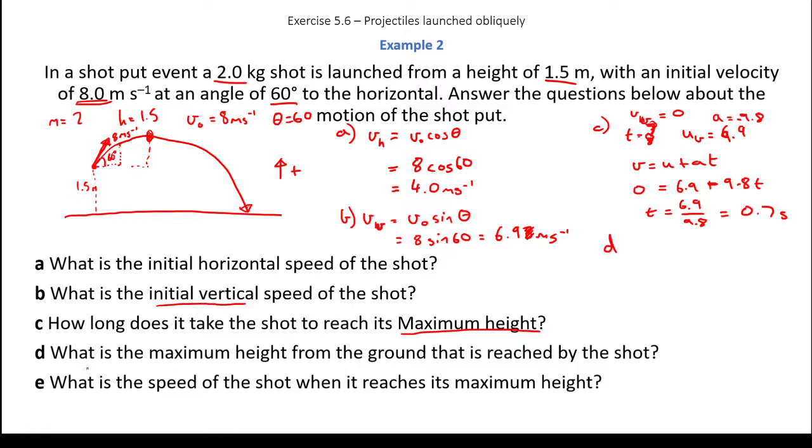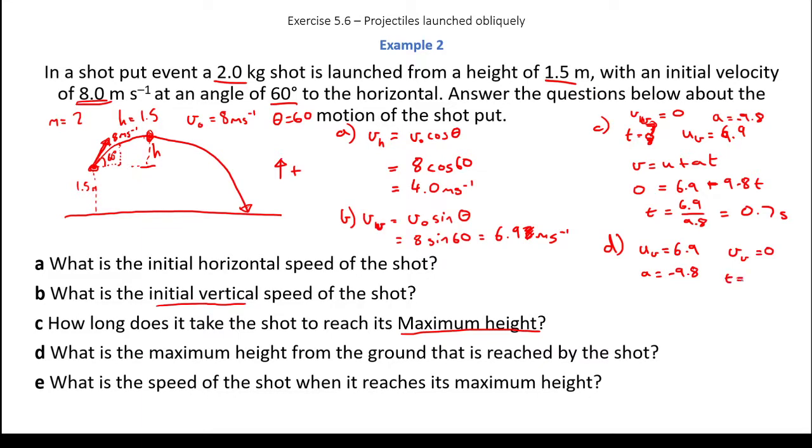D. What is the maximum height from the ground that is reached by the shot? Well, we need to find this height here and then add the 1.5, because it's being launched from 1.5 meters above the ground. So same thing, we have a displacement now. Our initial vertical velocity is 6.9. At the highest point, its final vertical velocity is 0. Our a is negative 9.8.